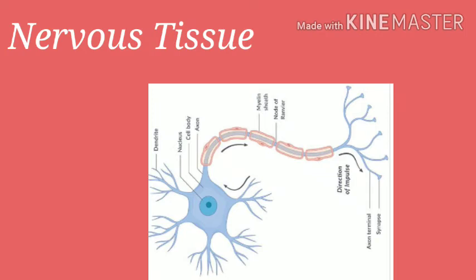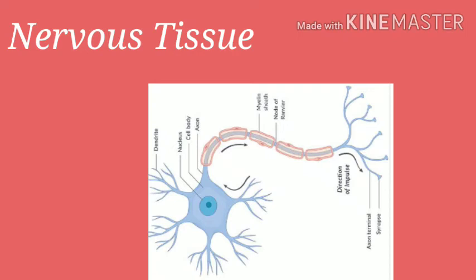Next one is nervous tissue. I think you are familiar with the term nervous tissue and you have studied it in previous classes. Nervous tissue. It is the longest tissue of our body. So what are the functions of nervous tissue? It controls and coordinates physiological function.